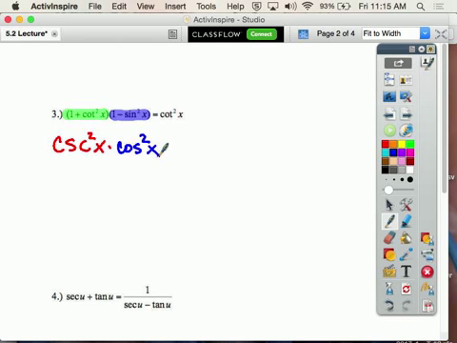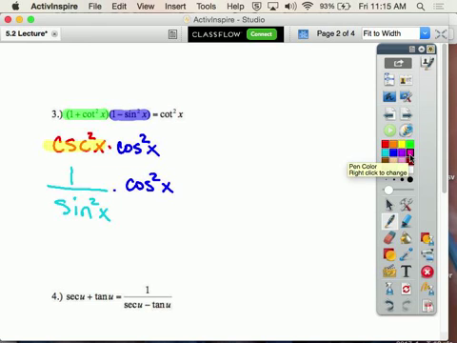And I already see in blue my cosine stuff. So that means somehow I have to see sine stuff. And then I remember that this cosecant is really the same thing as saying 1 over sine. But since it's squared, I can't forget to write that down. And I still have my cosine squared x stuff. And then when I multiply those together, we know that even though they don't say it, the cosine squared is over 1.